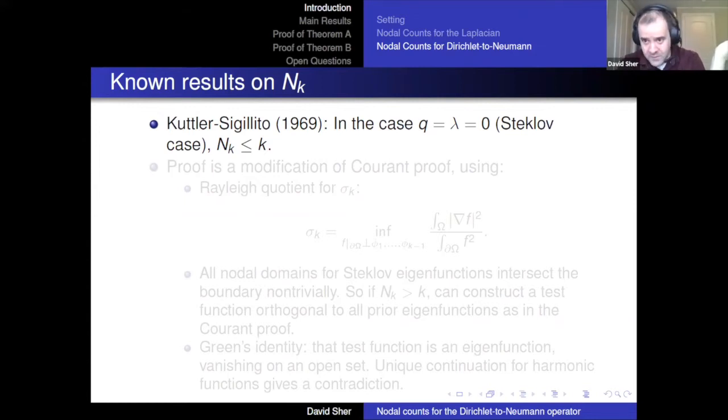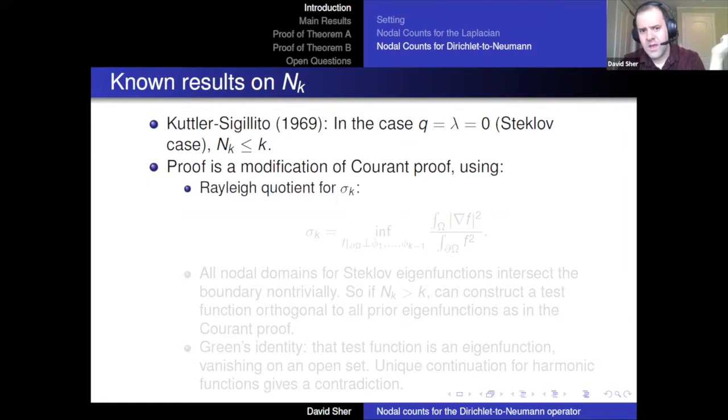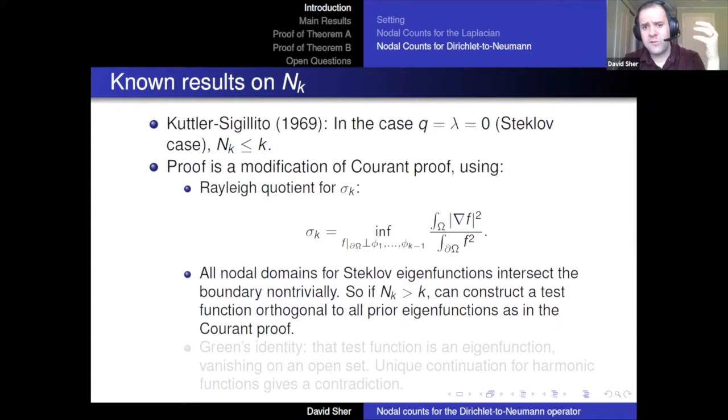Their proof is again a modification of the proof of the Courant nodal domain theorem. It uses the Rayleigh quotient for the Steklov problem, which is this. Instead of integrating over the whole manifold, you integrate only over the boundary in the denominator.